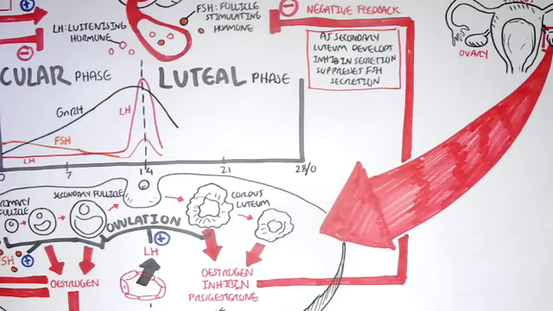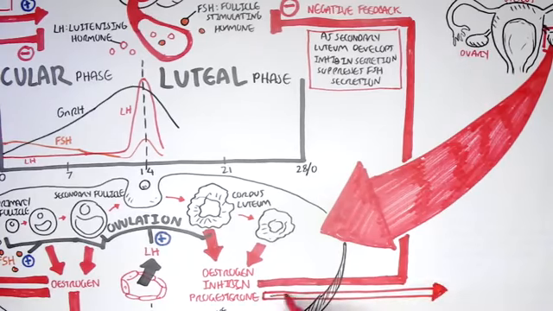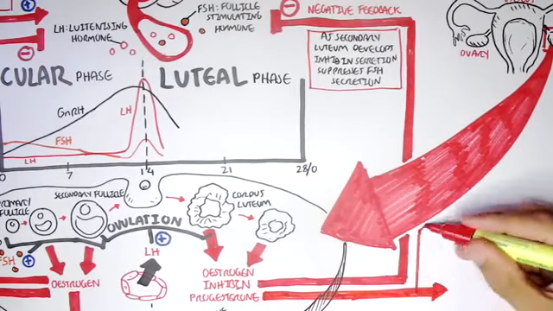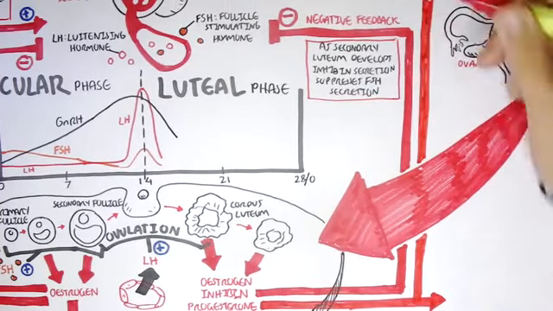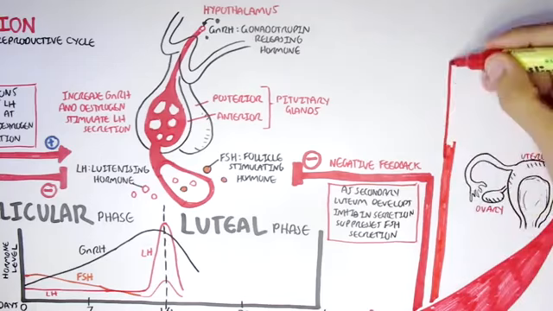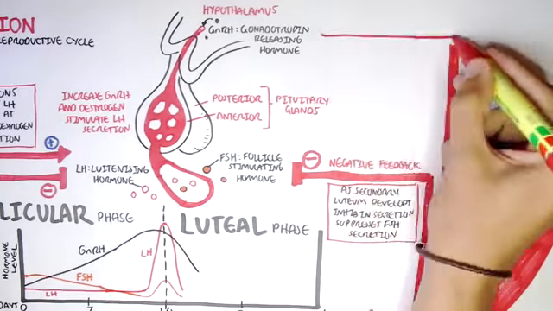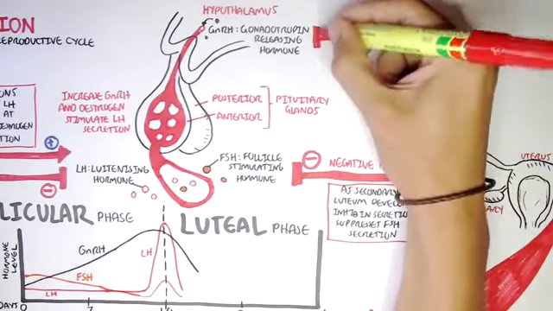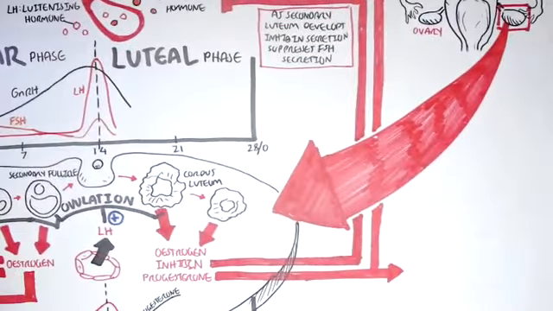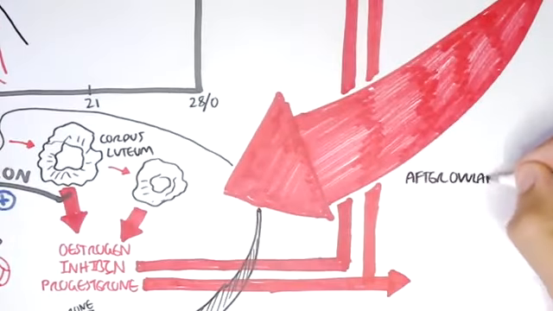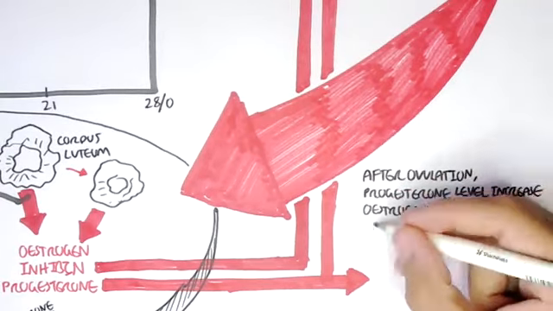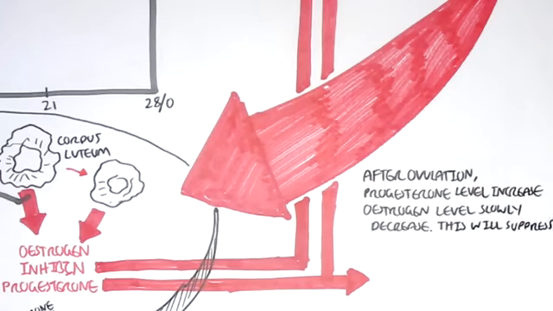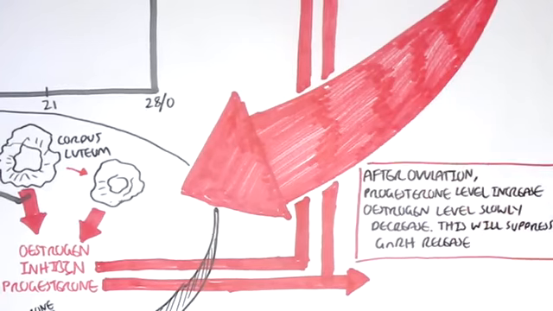Progesterone is the most important hormone in the luteal phase and has many functions, one of which is having a negative effect on the hypothalamus, inhibiting the secretion of gonadotropin-releasing hormone. After ovulation during the luteal phase, the progesterone levels will increase slowly and the estrogen levels will decrease slowly, and this will suppress gonadotropin-releasing hormone release.